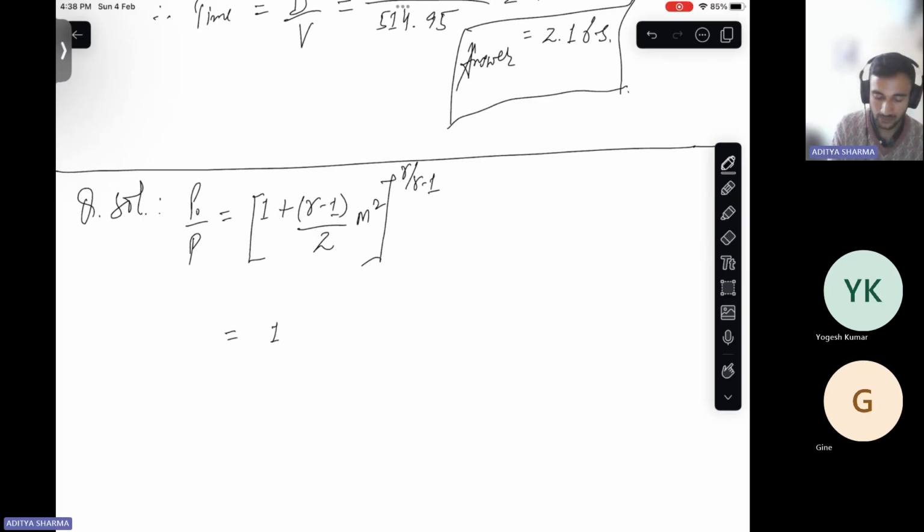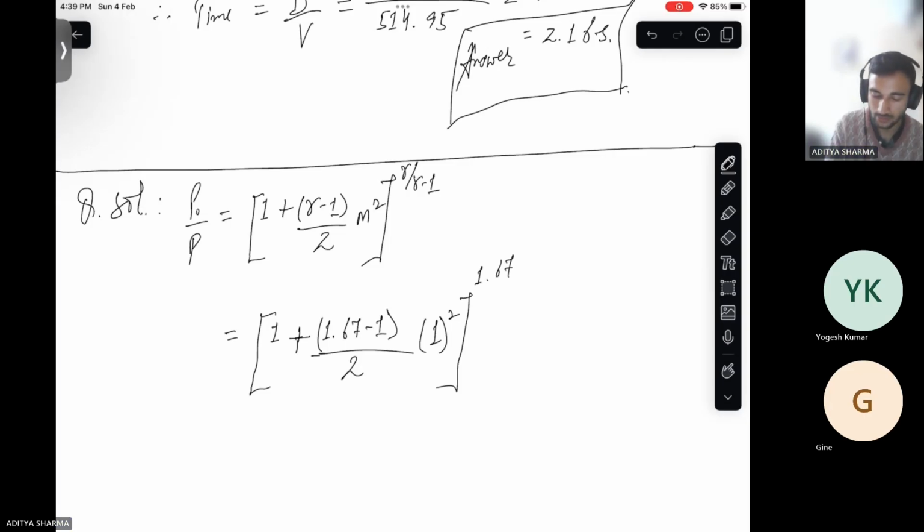Gamma has been given, and because it's sonic, M will be 1.